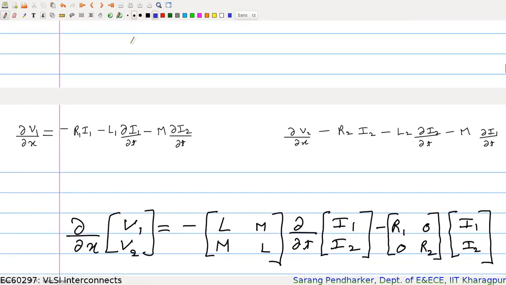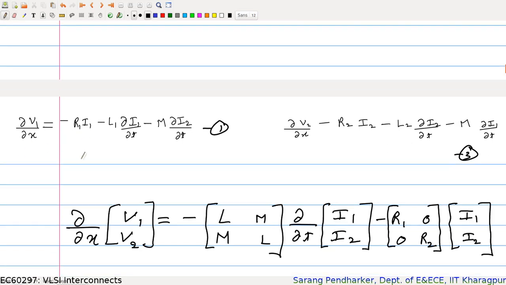So this was my first equation, my equation 1, and then this was my equation 3, if you look at it. This equation I can write like this. So the sum comes here, right?